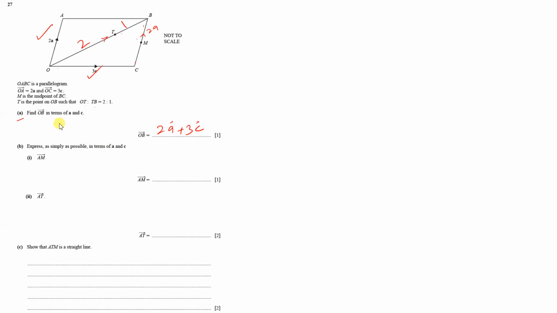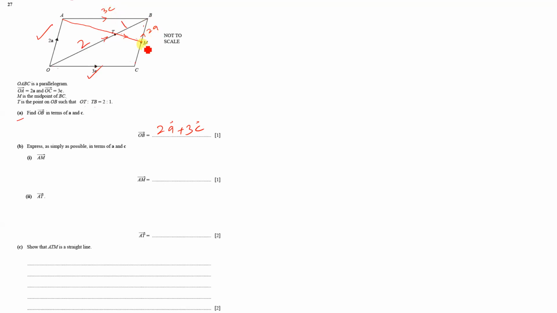Express as simply as possible in terms of a and c, AM. AM is this line. Okay, let me join A and M. So AM, this direction. If this is 3c, this is also 3c.